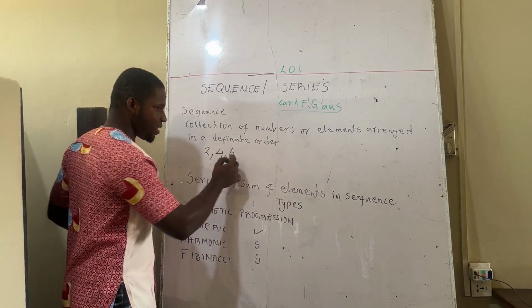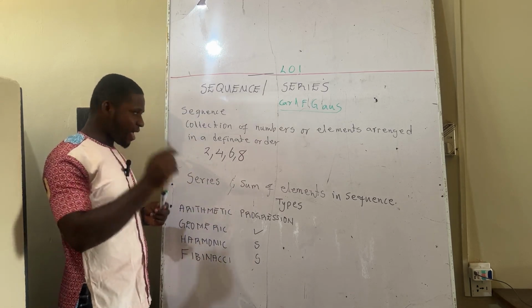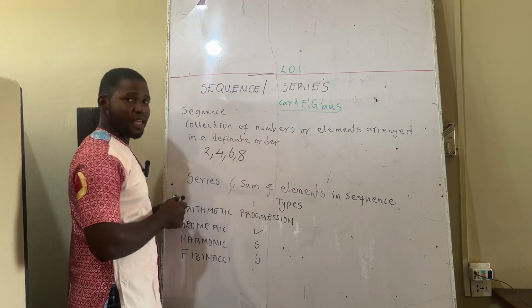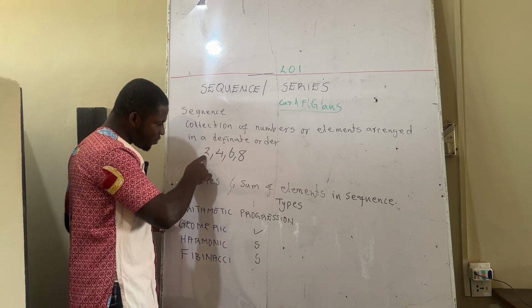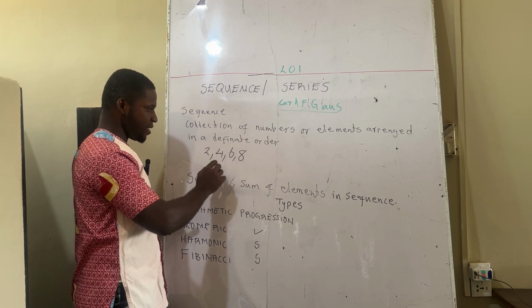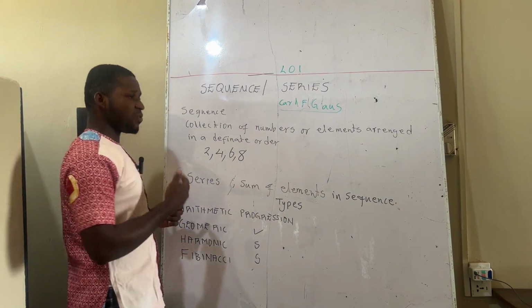I should know that the next one is 8. Why? Because whenever I add 2 to the preceding one, I get the succeeding one. So 2 to 2 gives 4, 2 to 4 gives 6, 2 to 6 gives 8. So I can continue. Let's look at another example.